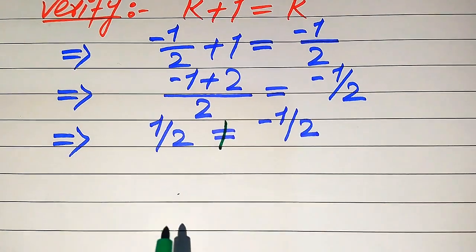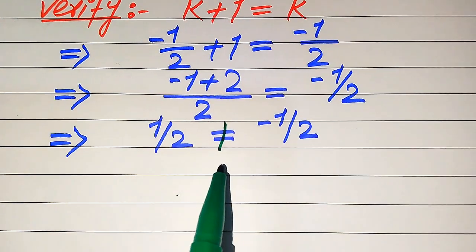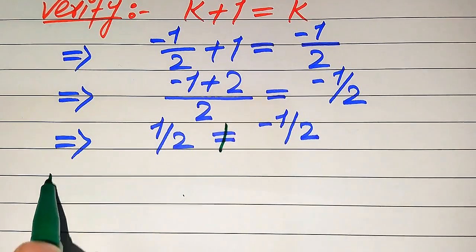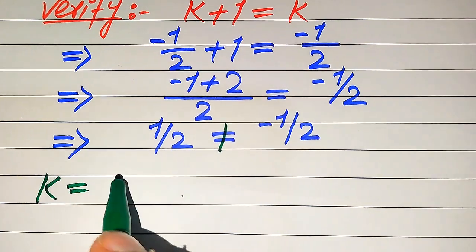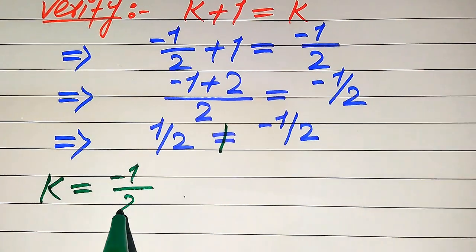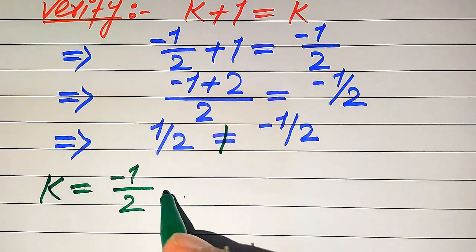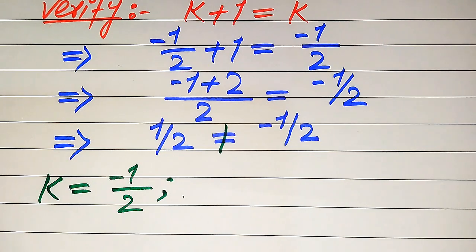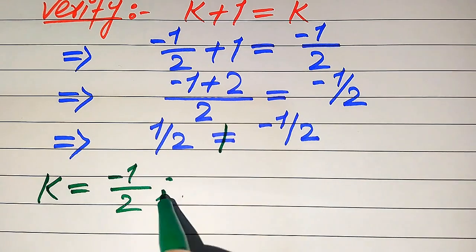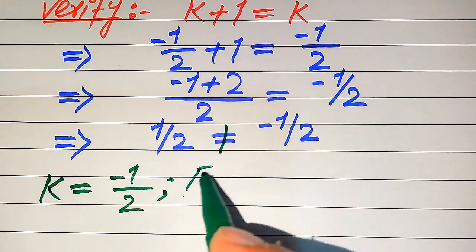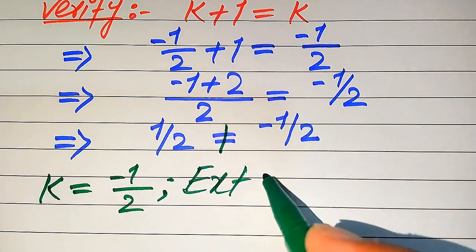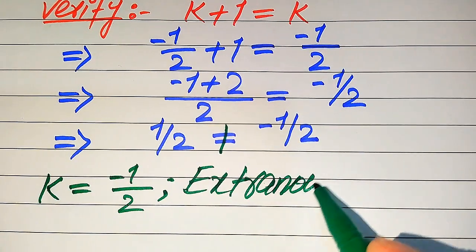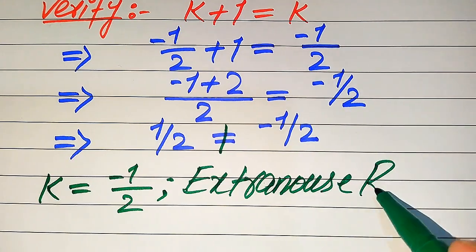So if these two values are not equal, this means that the value k equals minus 1 over 2 does not satisfy our given question statement. So this means that k equals minus 1 over 2 is the extraneous root of the given equation.